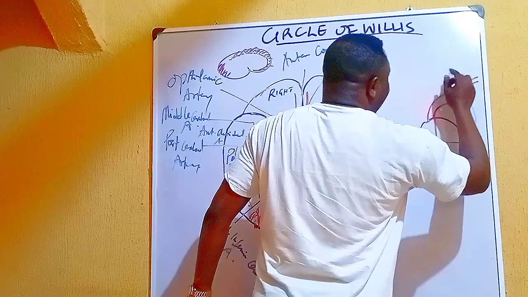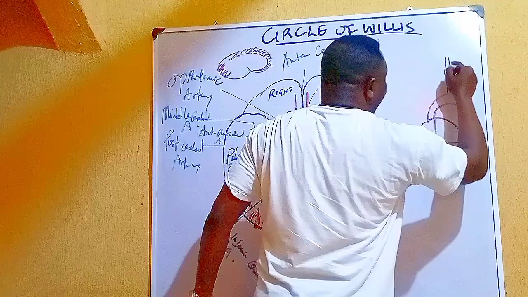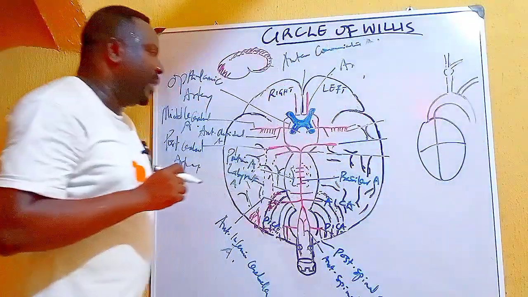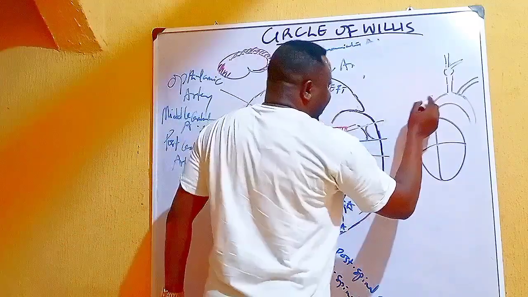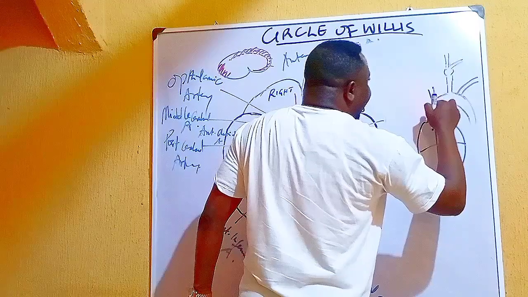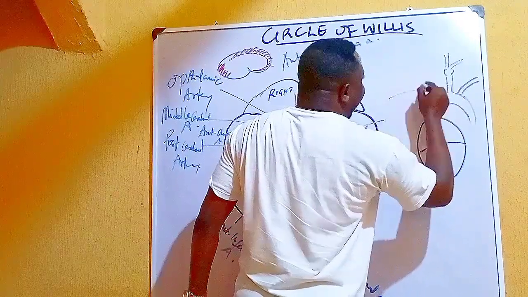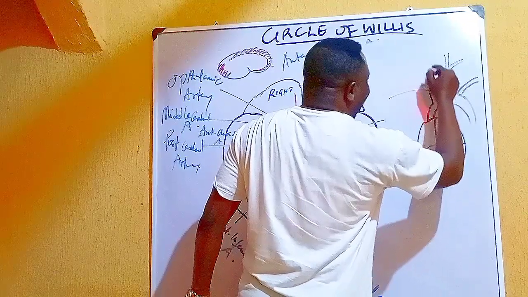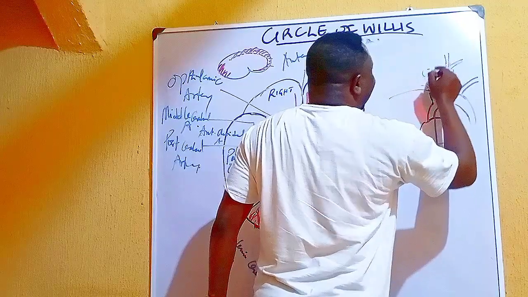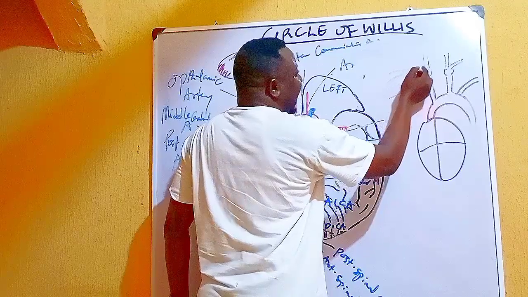The common carotid artery has what we call the carotid sinus that bifurcates into two, giving rise to the internal carotid artery and also the external carotid artery. Then on the right side, we have the brachiocephalic trunk. The brachiocephalic trunk divides into two, forming the right subclavian artery and the right common carotid artery. The right common carotid artery has a carotid sinus, which bifurcates into the internal carotid artery and the external carotid artery.